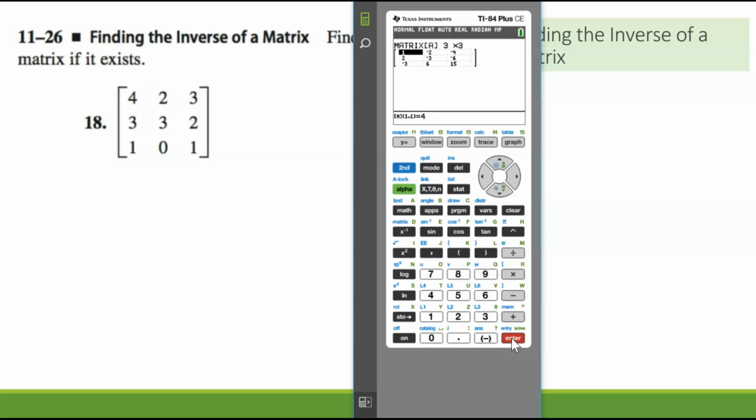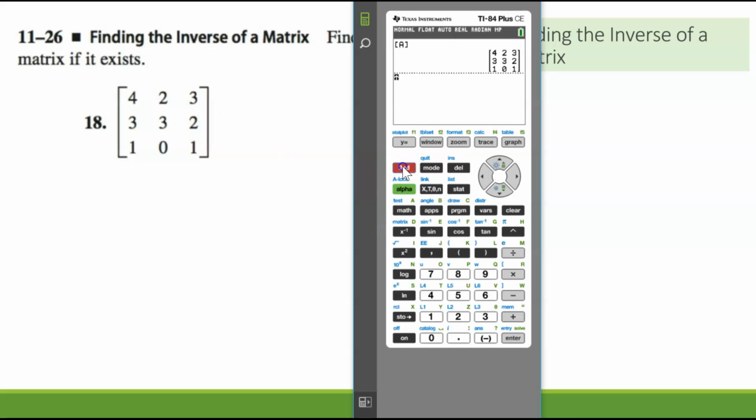We've got 4, 2, 3, 3, 3, 2, 1, 0, 1. Okay, second quit. We're going to clear this out. Let's see, what's in matrix A? I want to make sure that I put everything in the right way, and we have.